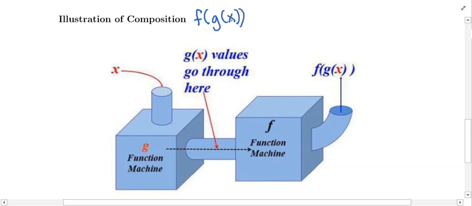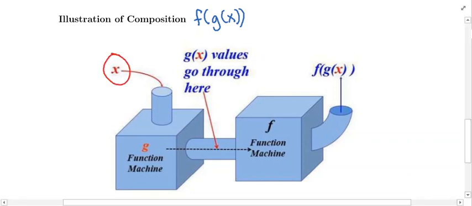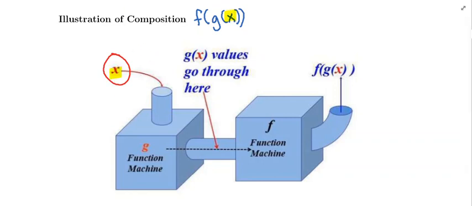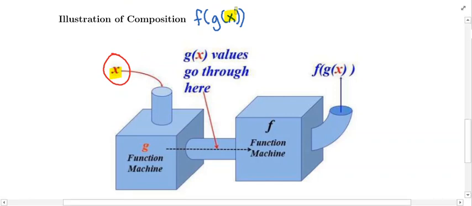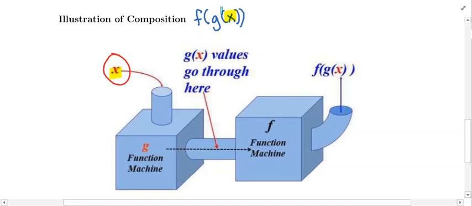Remember, any function that we have, we plug something in and we get something out. x is always our input. So we're starting with x in the very middle, taking our x and plugging it in. We follow the order of operations.